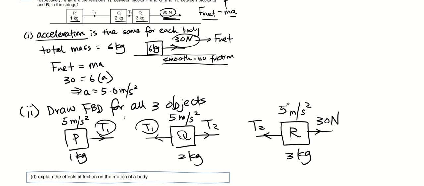I know the acceleration, I know the mass, so with this I can calculate F net equals ma. So that equals 1 multiplied by 5, so F net is going to be 5 newtons for P. And since T1 is the only horizontal force acting on P, therefore T1 will have a magnitude of 5 N.